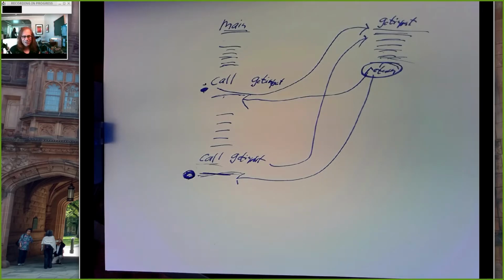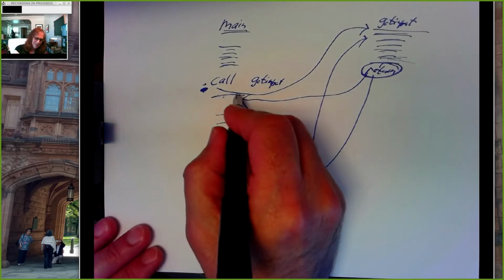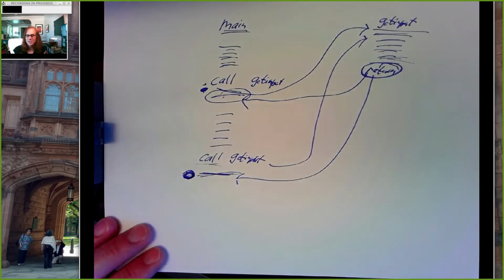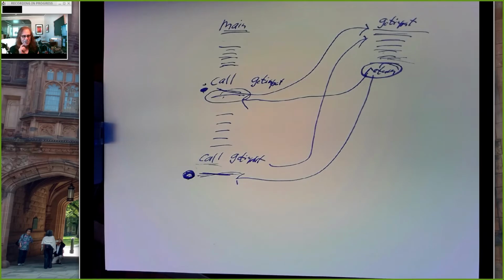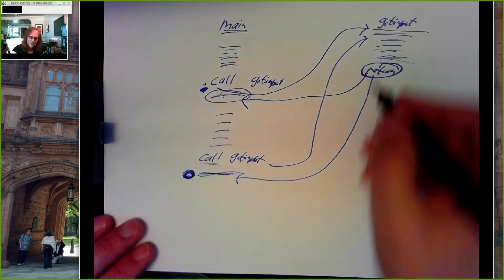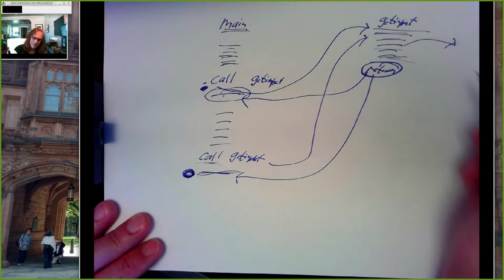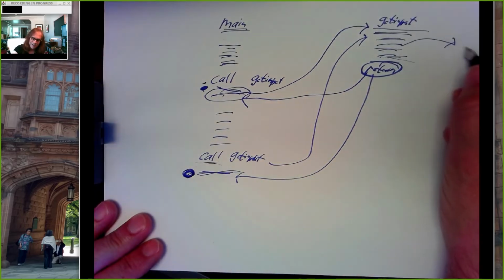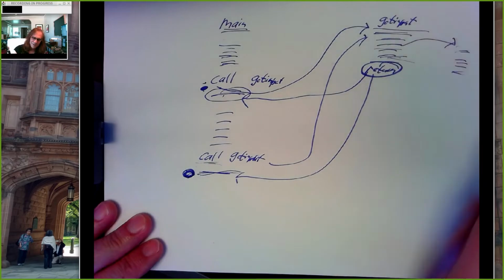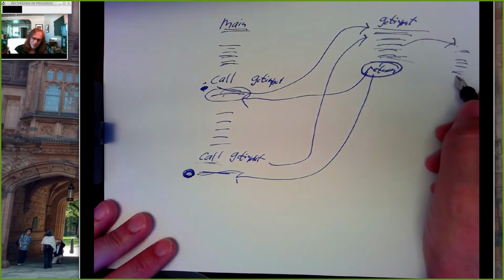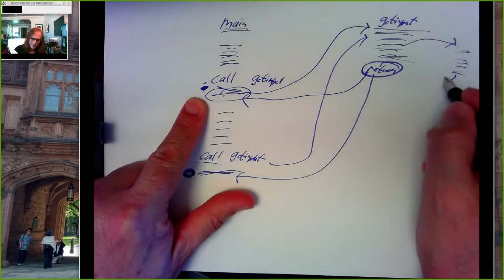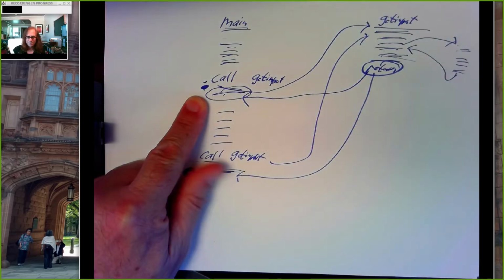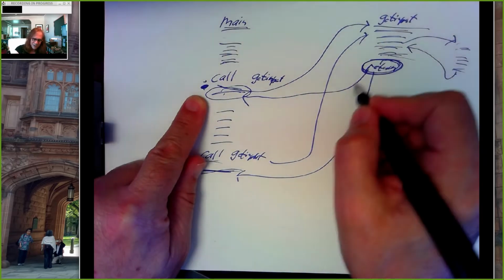And one way to do that is to just take this address of the next instruction and just save it somewhere. But the problem with that is, what if you have a call inside a call? What if this function ends up making a call somewhere and executes some stuff and then does a return? Well, you need this return not to go back here, but to come back here. And then this return needs to go back here.